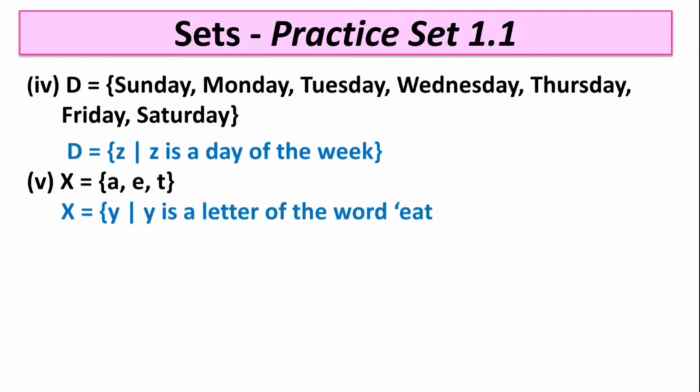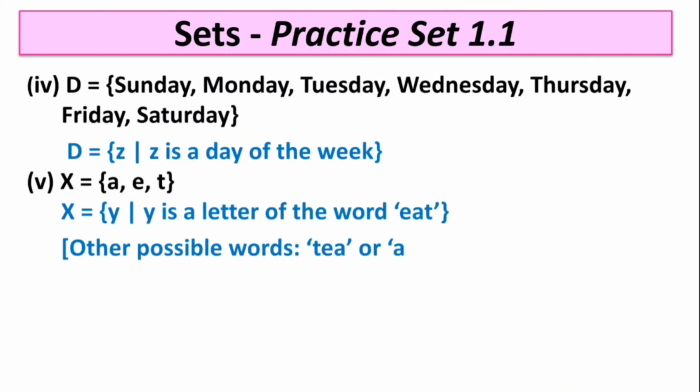The next problem is X equals {A, E, T}. We can write it as X is the set of all y such that y is a letter of the word eat. We can also write it as y is a letter of the word tea or ate.